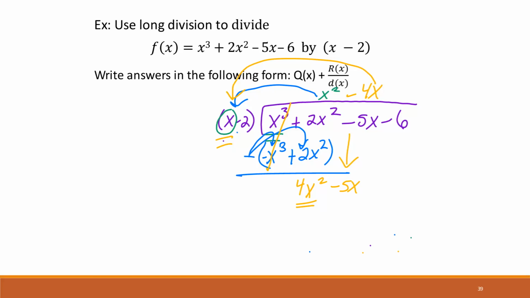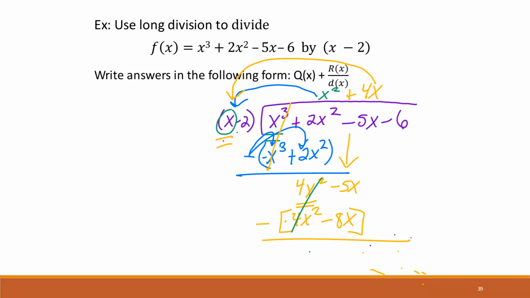So 4x times x will give us 4x squared minus 8x. And again, we're doing subtraction here.